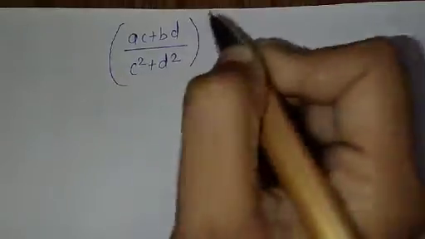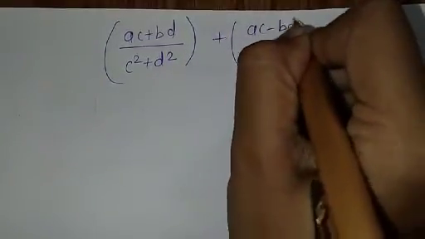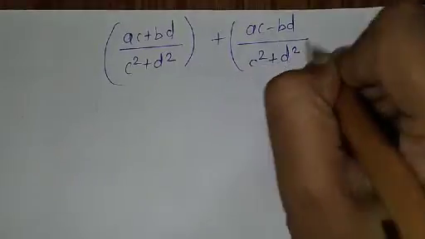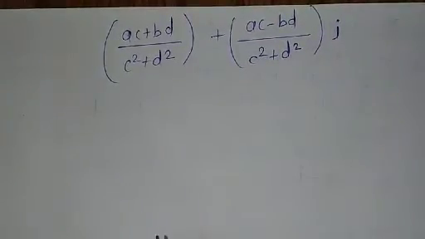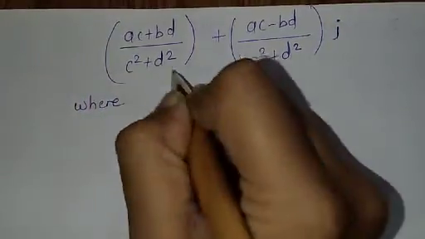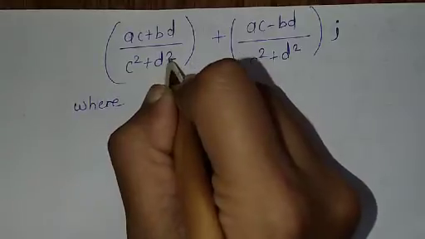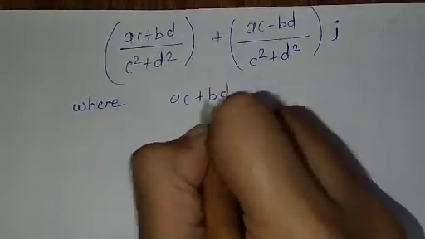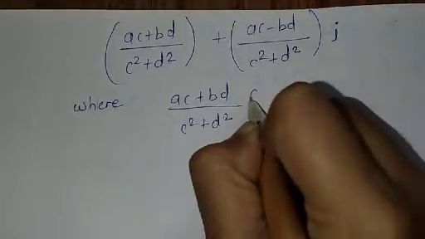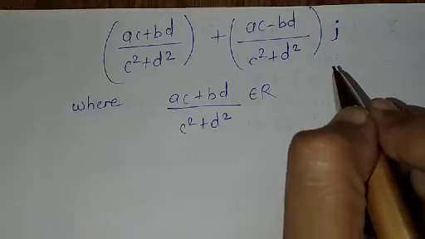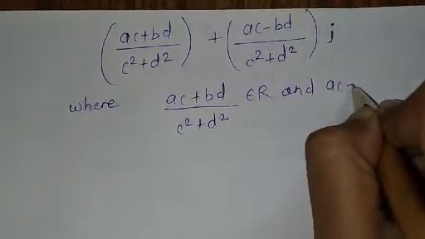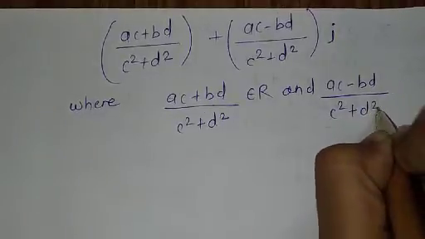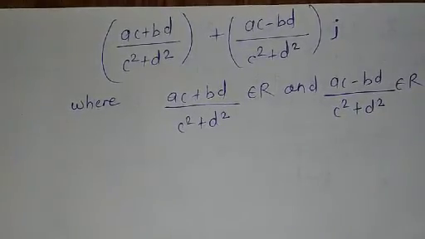Therefore we get ac plus bd upon c square plus d square plus ac minus bd upon c square plus d square into iota, where this is nothing but the real part of this complex number, that is ac plus bd upon c square plus d square belongs to real numbers, and also this ac minus bd upon c square plus d square also belongs to real numbers.